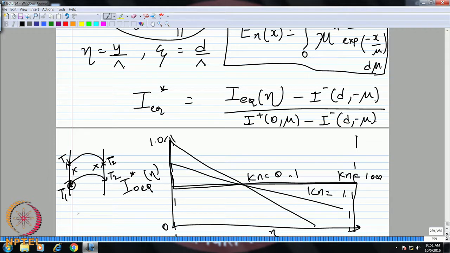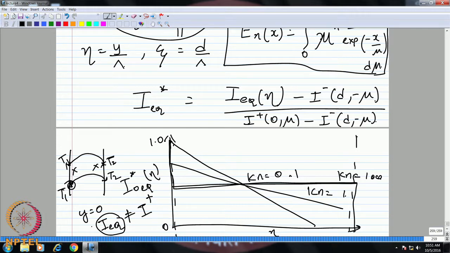In other words, if you look at y equal to 0, there your I equilibrium will not be the same as the emitted phonon intensity. Understand? The emitted phonon intensity will be different from the corresponding equilibrium value.